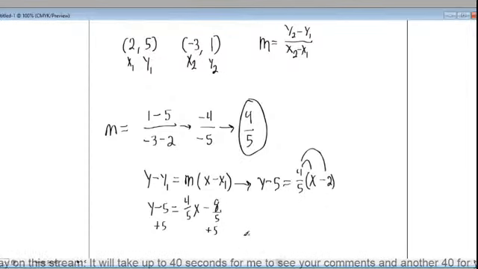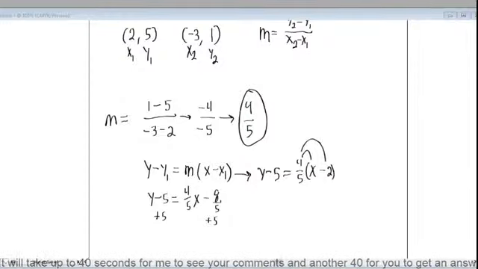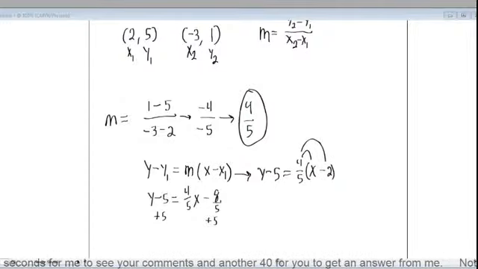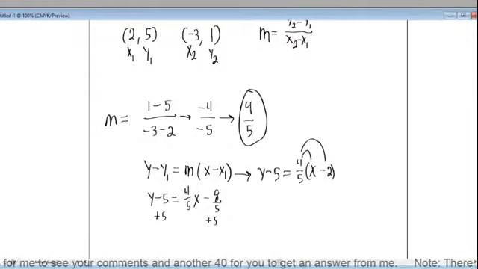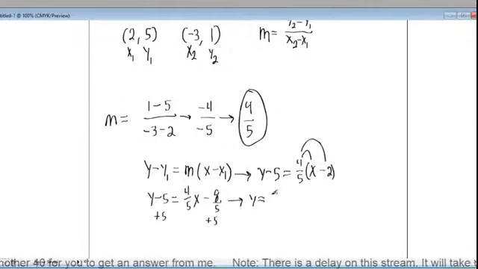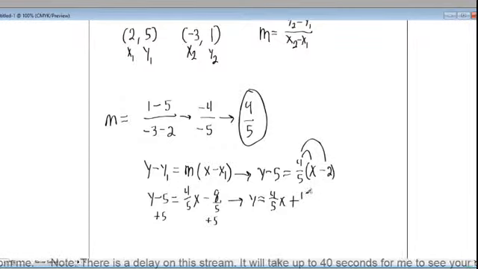So 25 minus 8 is going to give us 17 over 5. So y equals 4/5 x plus 17 over 5.